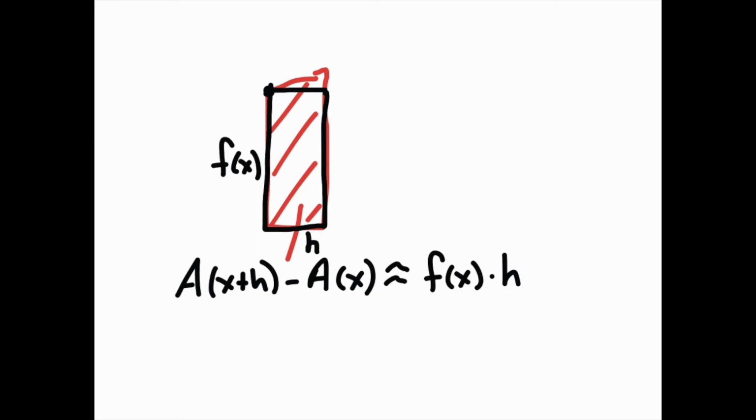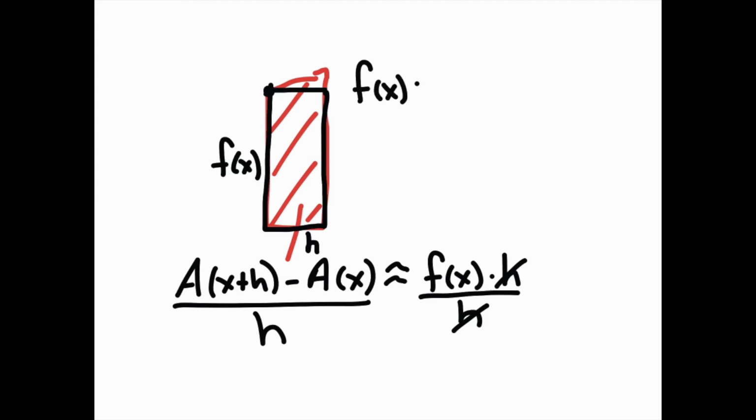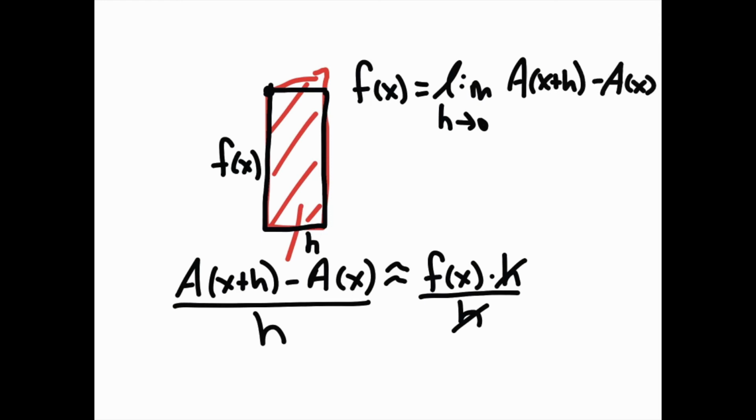So what this equation gives rise to is that we can divide by h on both sides, just like we expected, and then take the limit as h approaches 0. And notice what we're going to have is that f of x equals the limit as h approaches 0 of A of x plus h minus A of x over h.